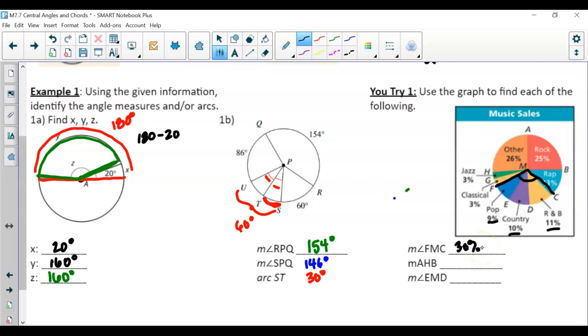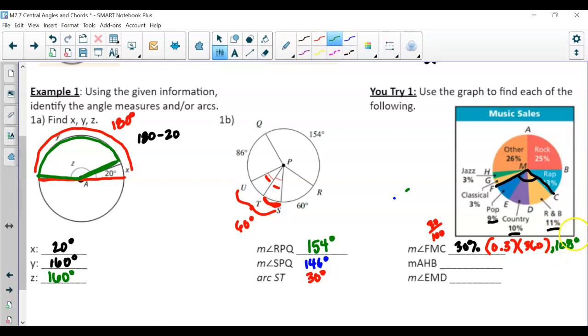So to calculate percentage of the circle, you are going to multiply that 30%, or remember this is 30 out of 100, which is 0.3. And you multiply that part by the total number of degrees. Well, what's the total number of degrees in a circle? 360. So then what is the measure of angle FMC?